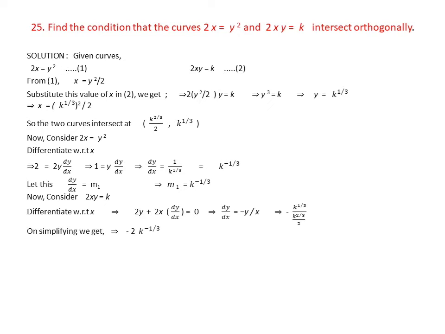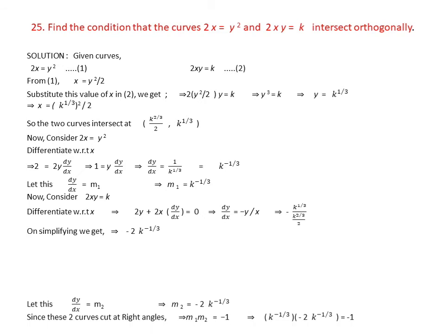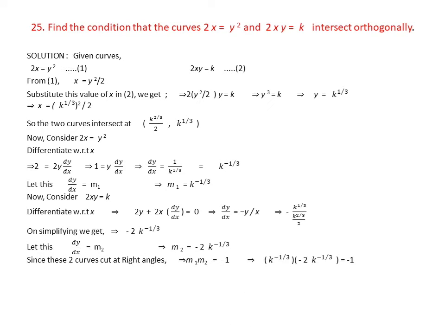That means this is going to be the slope of the first curve in terms of k. Similarly, I do the differentiation of the second curve given to me as 2xy = k. When I differentiate that, then dy/dx comes out to be -2k^(-1/3). This is the slope of the second curve now.